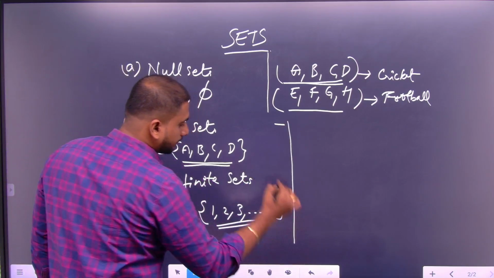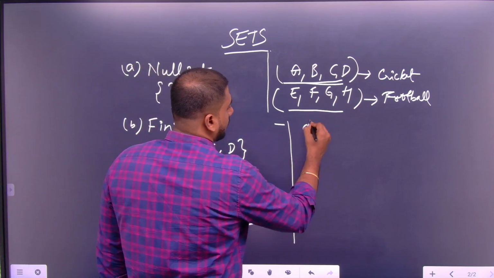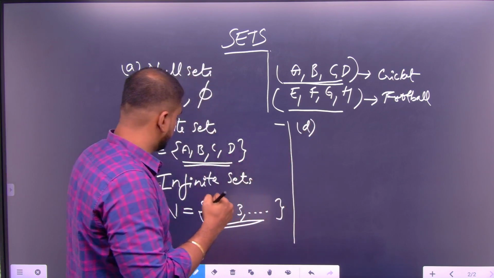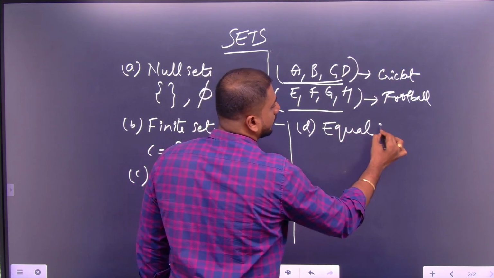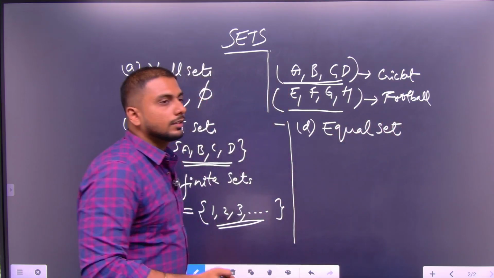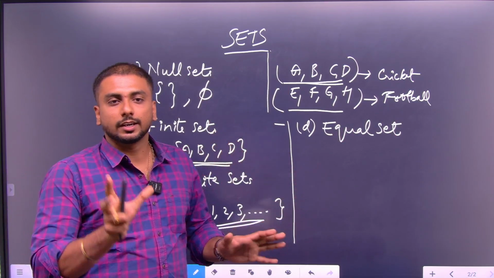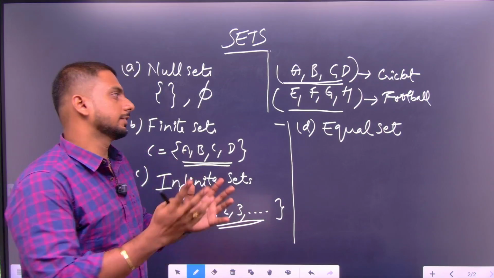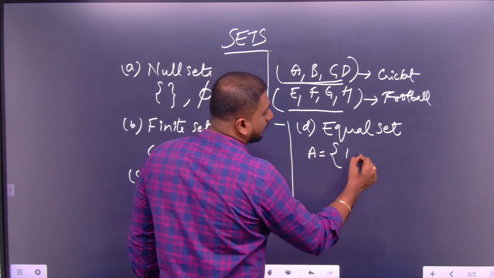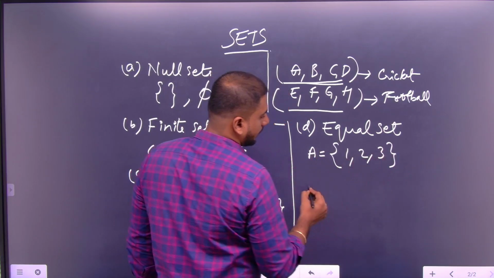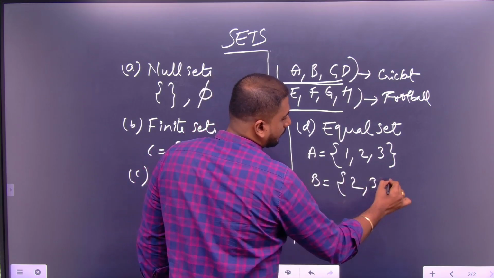Now let's go to one more type of set known as equal sets. What do you mean by an equal set? Equal set, as the name itself says, means the elements of set 1 and elements of set 2 should be equal. Now let's have a set A to be 1, 2 and 3, B to be 2, 3 and 1.